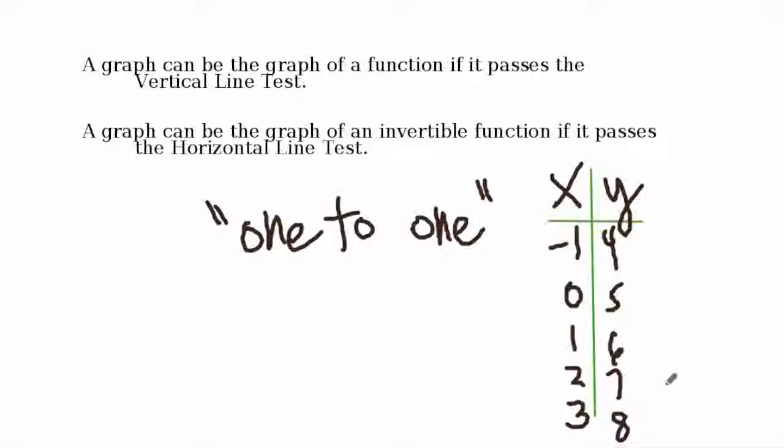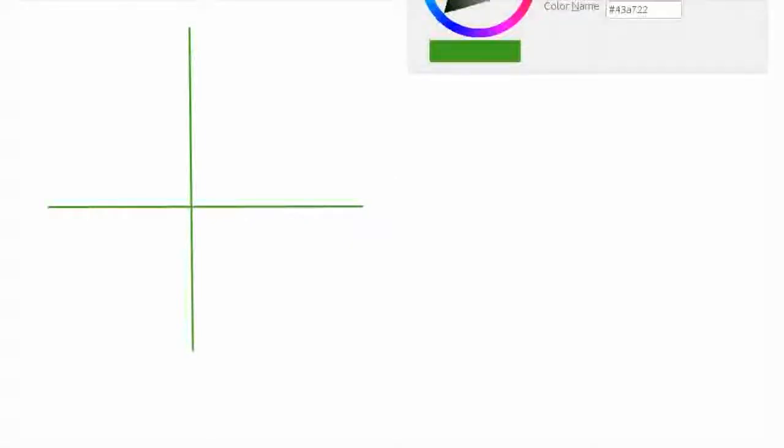Well, what do we do if a function is not invertible? Does that mean we just throw up our hands? Well, there is a consolation prize. You can have part of the graph be invertible. For example, the parabola was not invertible because of what happened when you reflected it over y equals x. However, what if we did this?